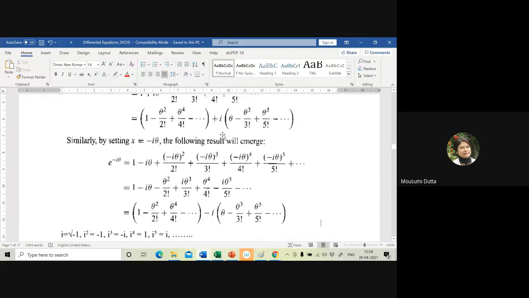Okay, so the only difference is plus and minus. So e to the power plus minus i theta can be presented in terms of cos theta and sin theta. Is this acceptable to all of you?